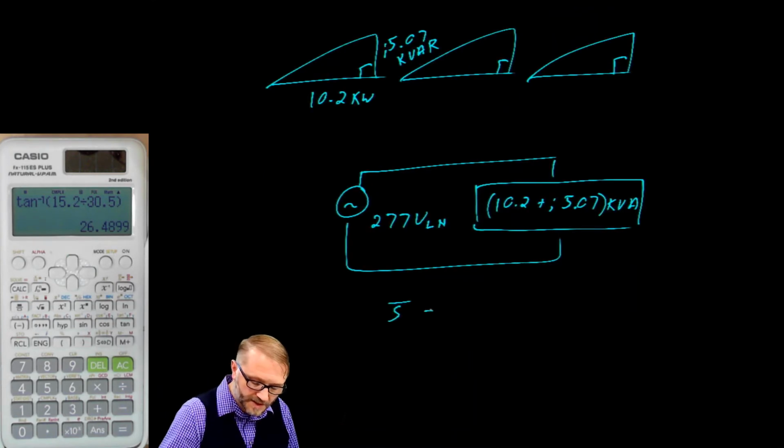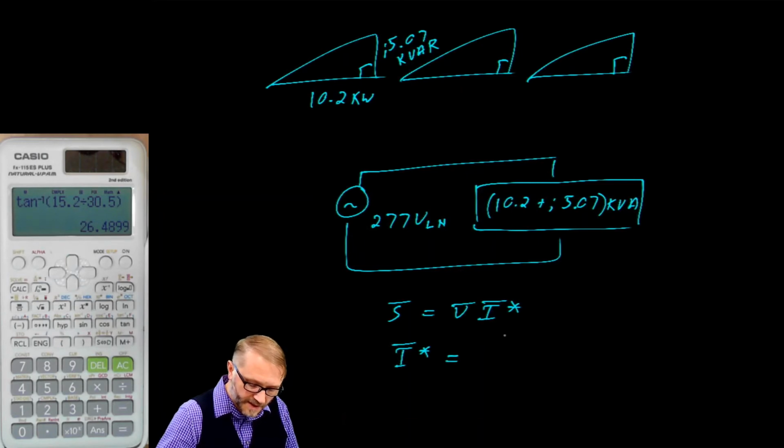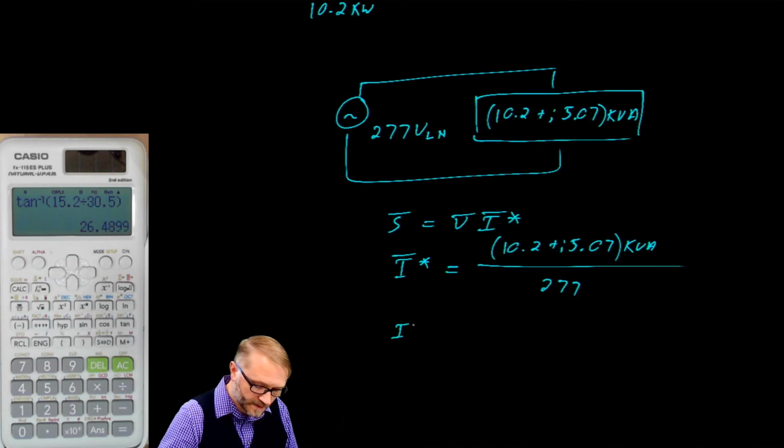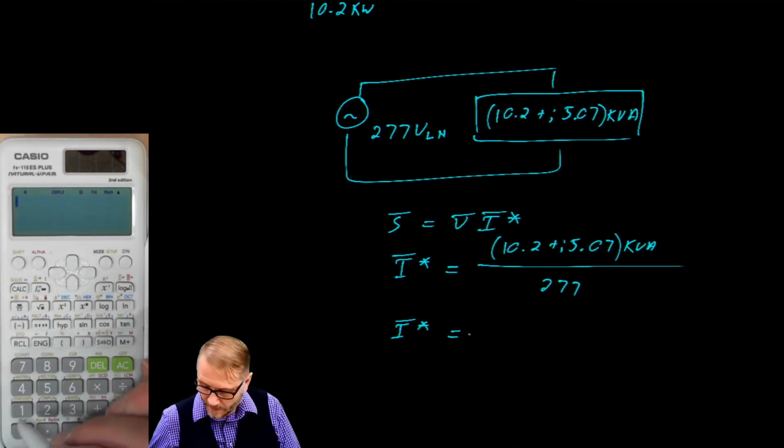We know that complex power is a voltage times the complex conjugate of the current. Therefore, the complex conjugate of the current is 10.2 plus J5.07 kVA divided by 277, which gives us a line current of 10.2 plus 5.07J times 1000 divided by 277.